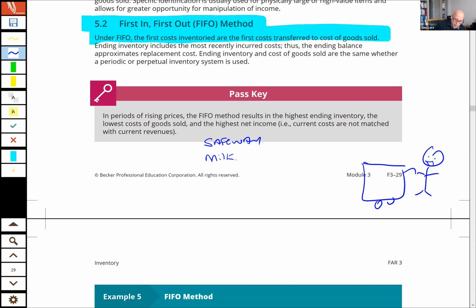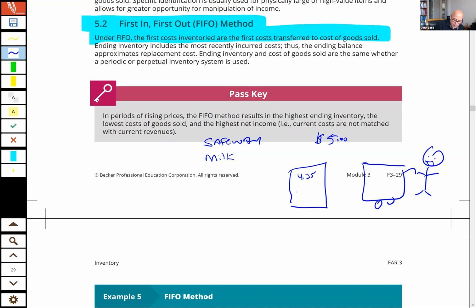Okay. And when you get there, they're saying, you know, $5 for milk. That's the price that they're charging you for the milk. Okay, $5. And then you start looking at the dates on the milk. Okay, and so let's say they've got some milk here and it costs them $4.25.